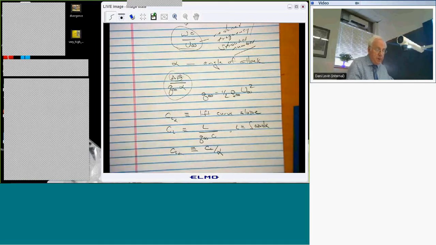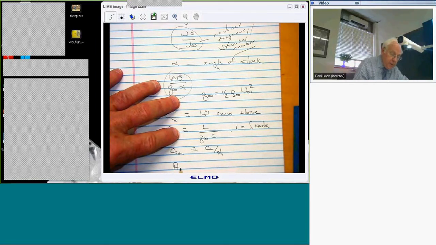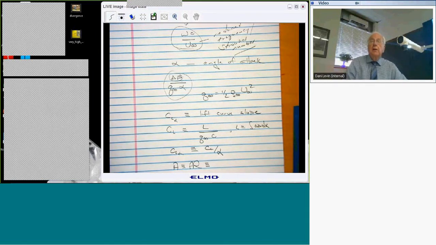Let me remind you what aspect ratio is. Aspect ratio, which is sometimes called A, is, let's see if I can get this right. I'm blocking on the aspect ratio. It's area over the span squared. Over chord? No, it's got to be span squared over area, right?